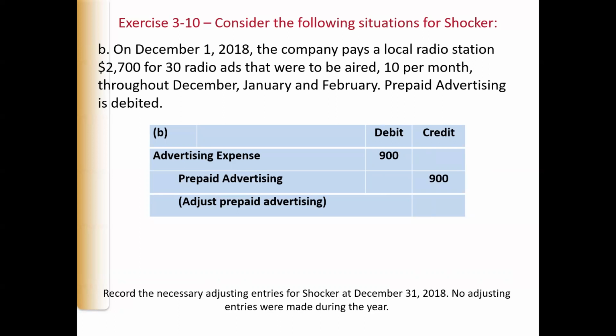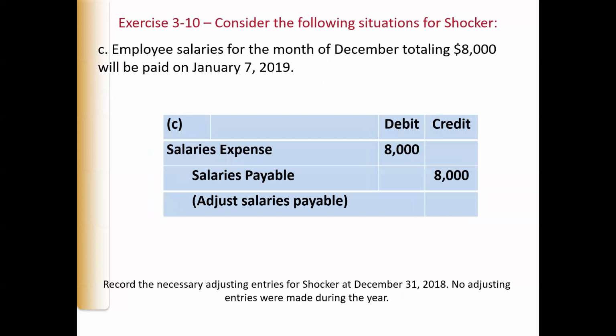Initially, prepaid advertising was debited for the whole $2,700. So if 1/3 of this prepaid advertising has been used up, wouldn't we debit advertising expense for 1/3 of that? And we would credit our prepaid advertising to show we don't have that asset anymore. We've used it up. Yes?